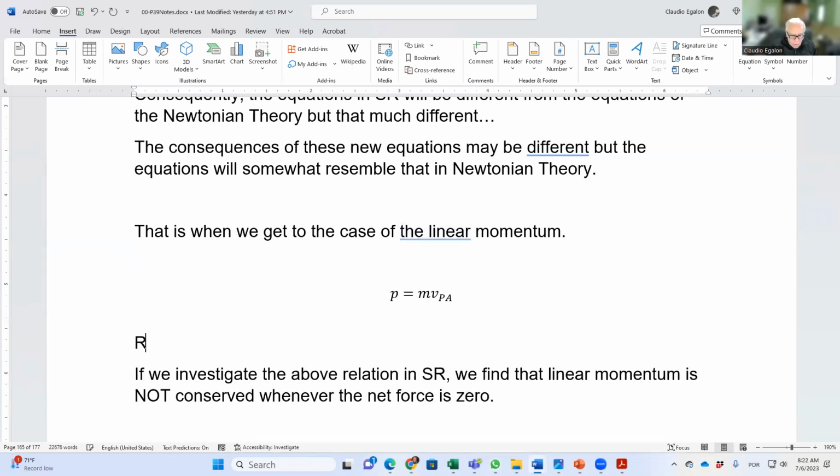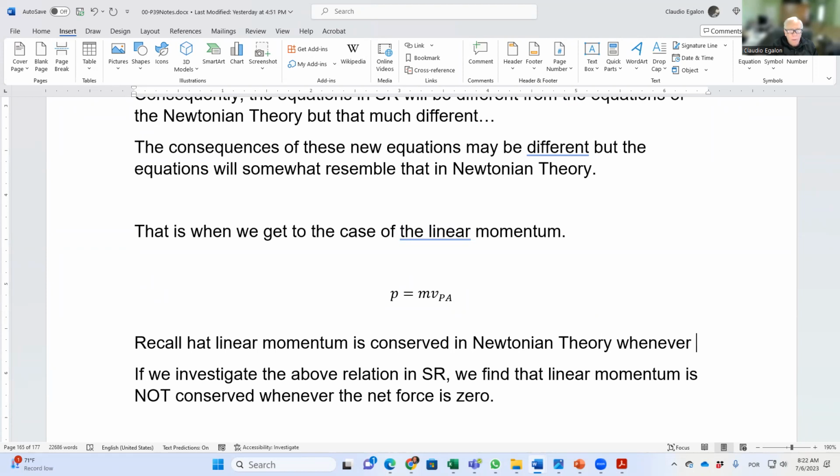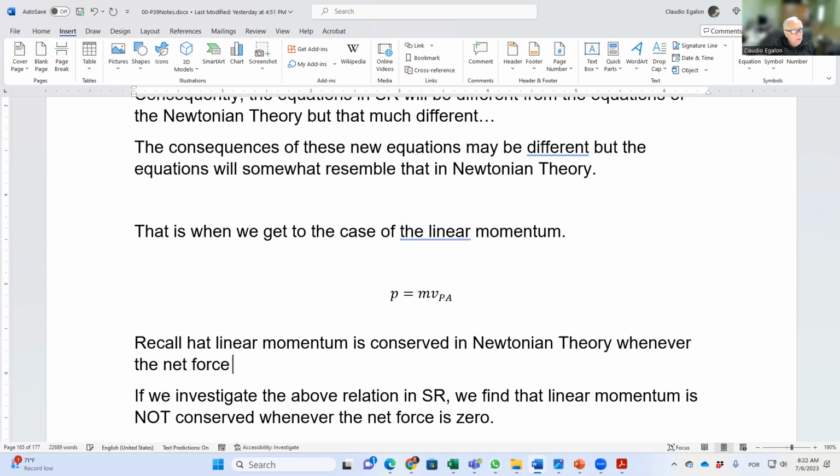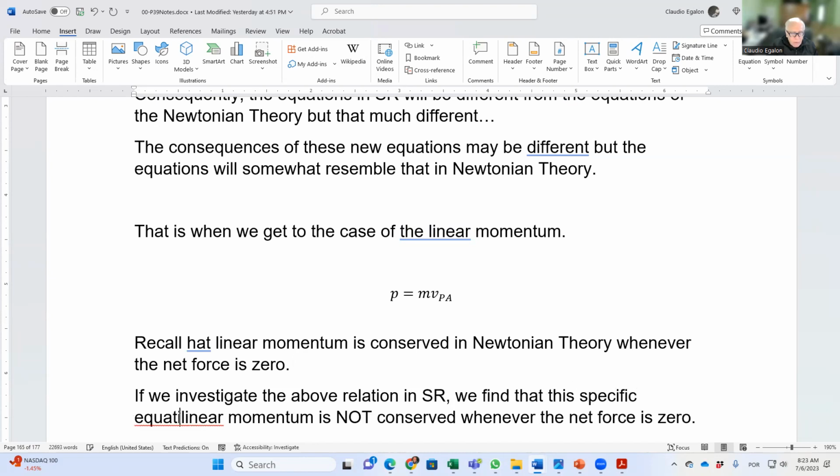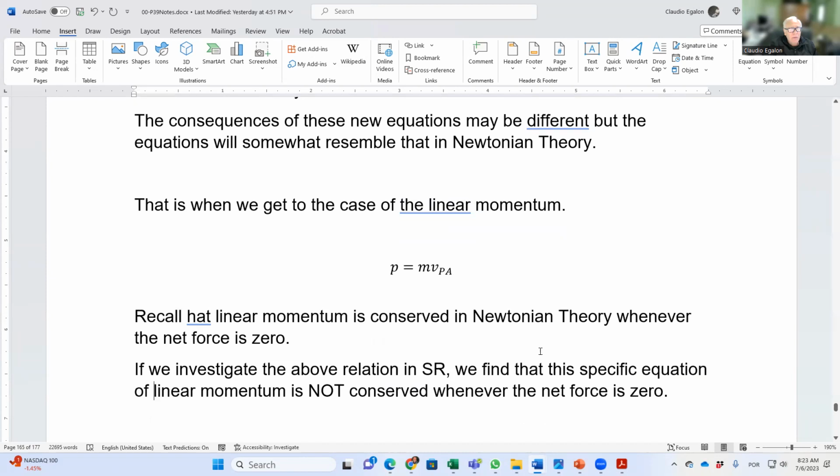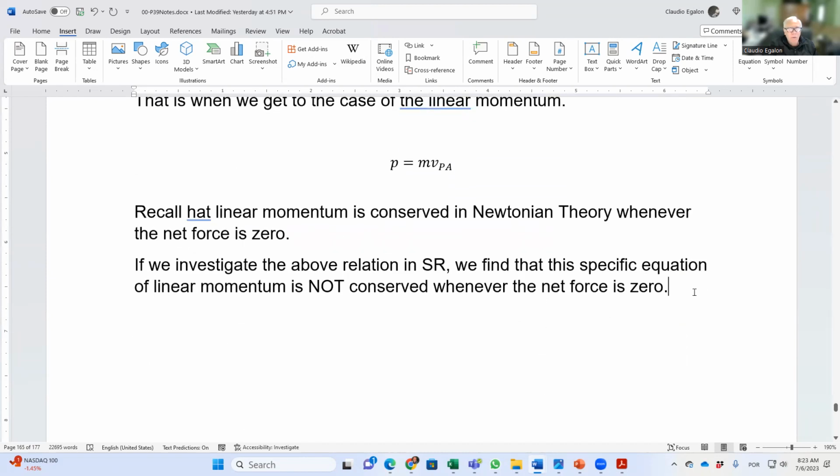So recall that linear momentum is conserved in Newtonian theory whenever the net force is zero. If we investigate the above relation in special relativity, we find that this specific equation of linear momentum is not conserved whenever the net force is equal to zero.